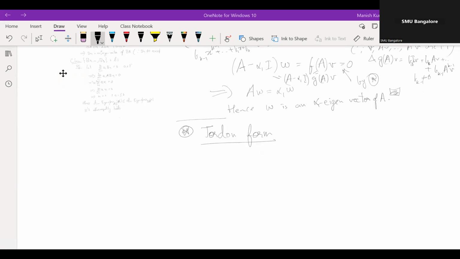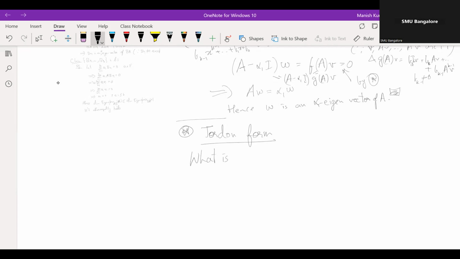I don't know what's wrong today. This pen. Yeah, now I can write. Sometimes you have to do things so that the pen remembers that it's supposed to write. So let's see, yeah, it's working.